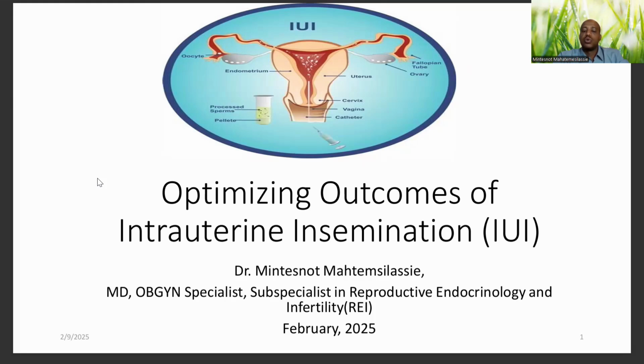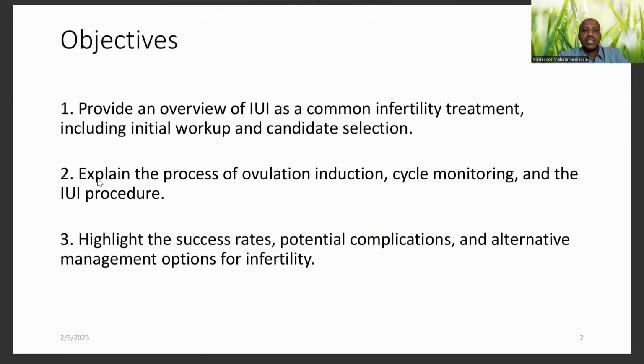This presentation is not all about the intrauterine insemination procedure. It is the whole intrauterine insemination cycle and how to improve the outcome at each level of the cycle. The objectives of today's presentation are to give an overview about intrauterine insemination, how the initial complete workup is done, and how we select a good candidate for intrauterine insemination.